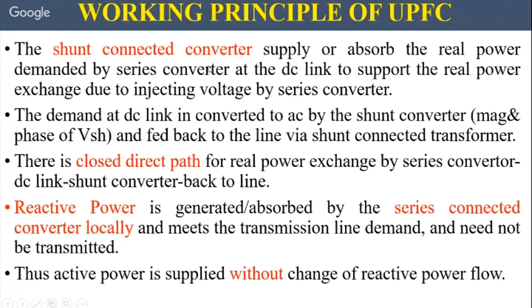Now the shunt converter supplies or absorbs the real power demanded by the series converter at the DC link to support the real power exchange due to injecting voltage by the series converter.